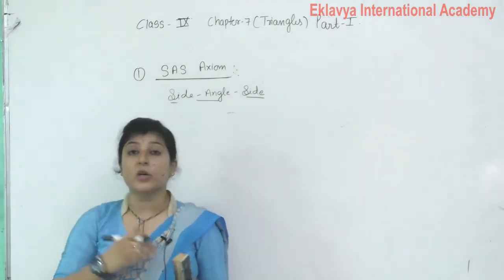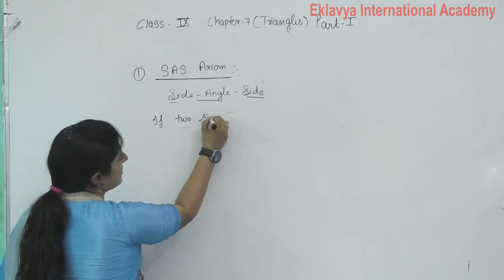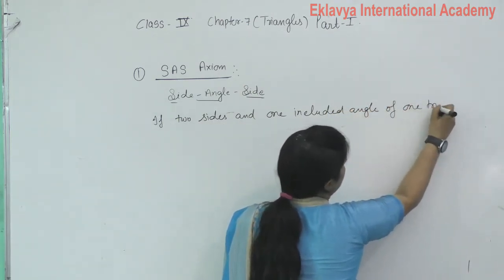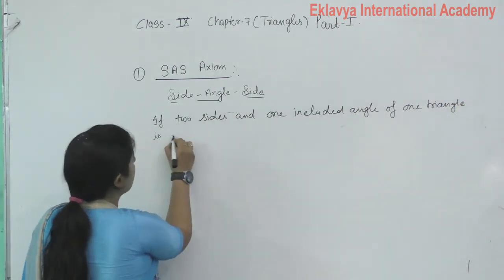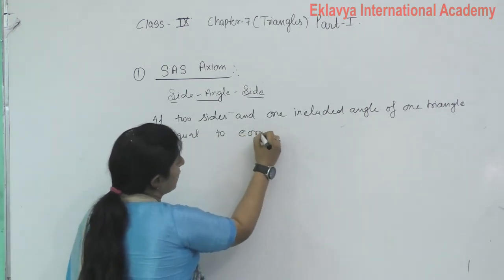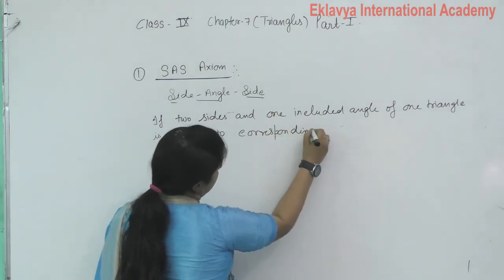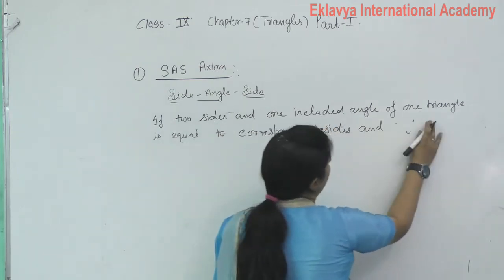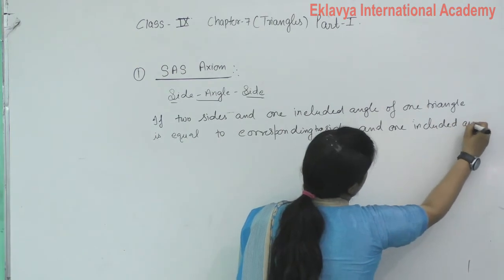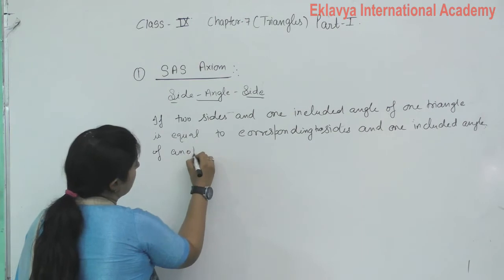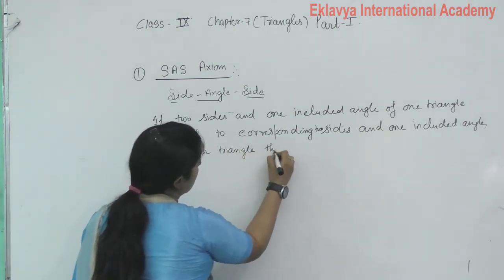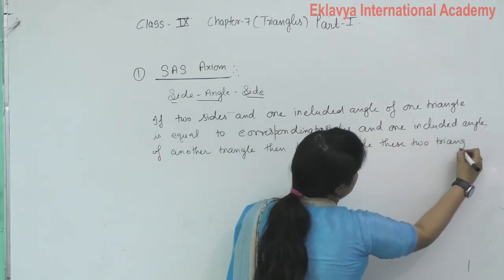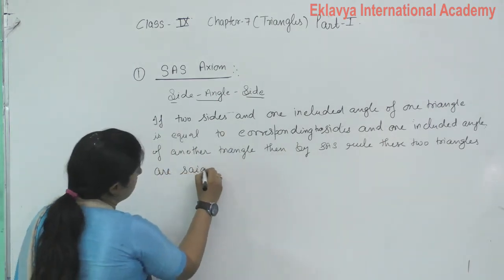If 2 sides and 1 included angle of one triangle are equal to the corresponding 2 sides and 1 included angle of another triangle, then by SAS rule these two triangles are said to be congruent.